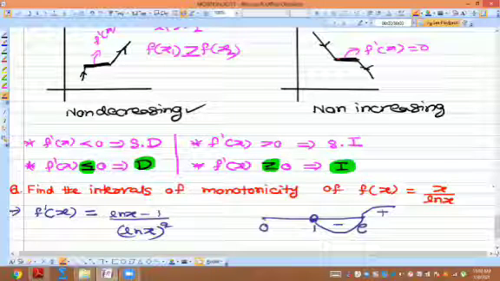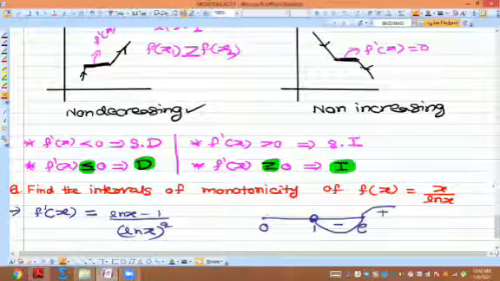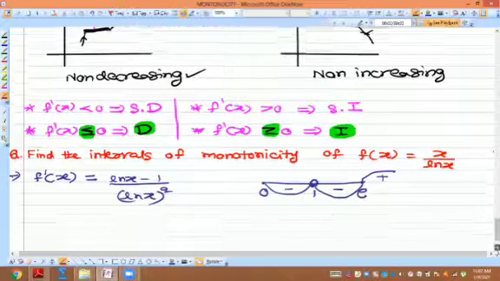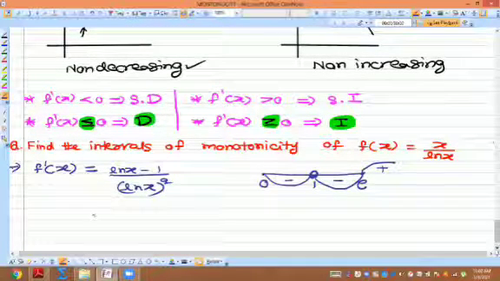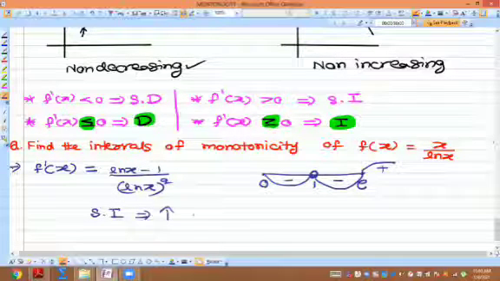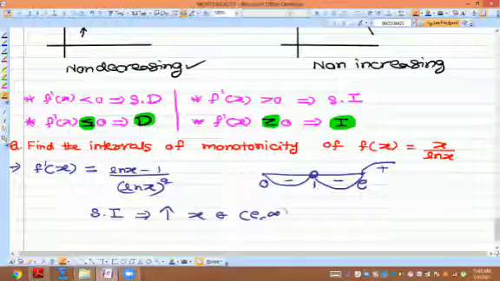And between 0 to 1 the function is defined, and this is also negative. So can you tell me when the function is strictly increasing? When it is strictly increasing, x belongs to open interval e to infinity.